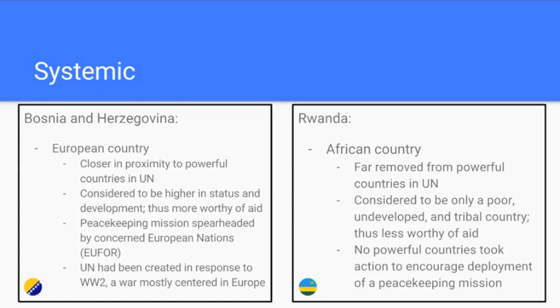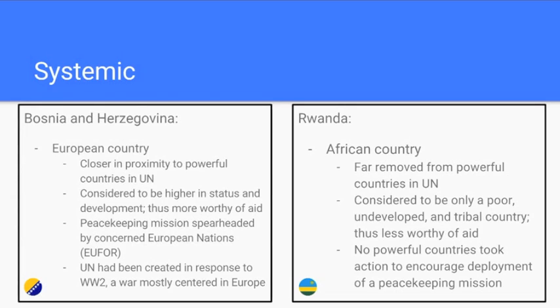So what happens there affects not just Bosnia and Herzegovina or the surrounding countries, but all of Europe. Obviously these countries are going to be very concerned about something like this happening. It's also considered to be higher in status and development than a country like Rwanda, so thus more worthy of aid in the eyes of the UN, or perhaps just easier to aid.